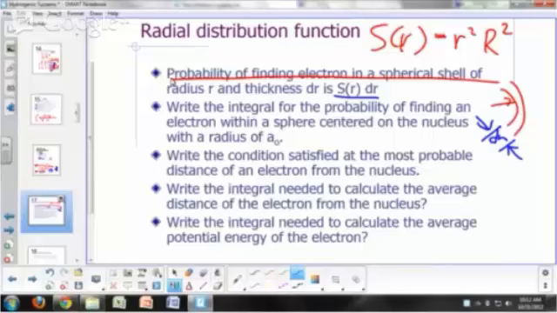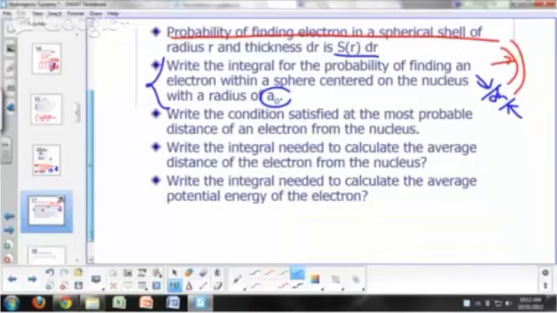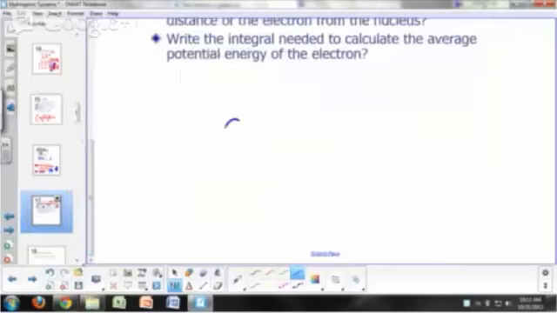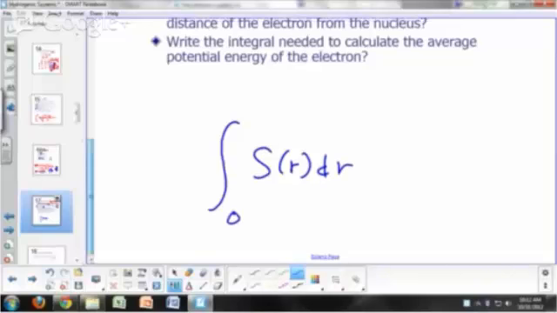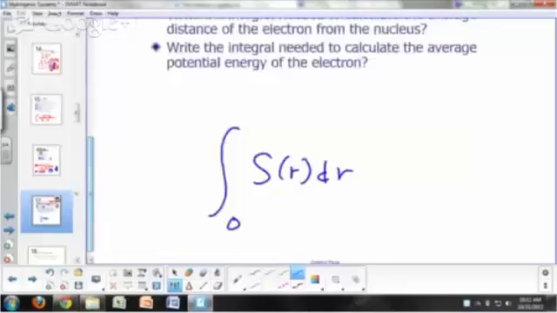Okay. So what would be the probability of finding the electron within a sphere centered on the nucleus with a radius of A0? How would you set up that integral? All you have to do is integrate your S of R dr from 0 to A0.